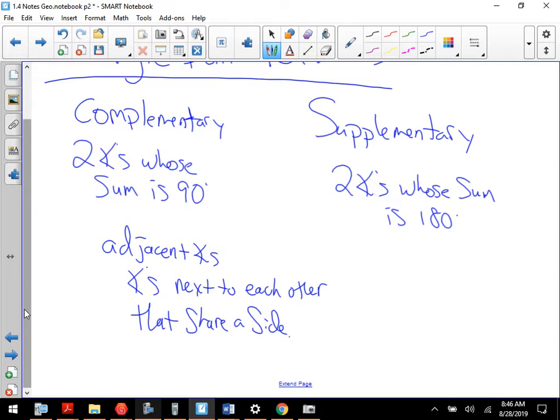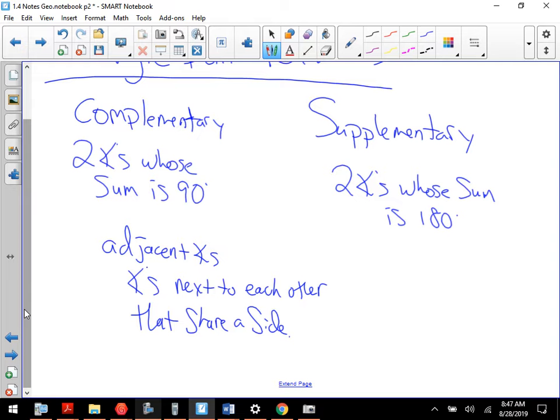What's 30 plus 60? 90. Those two angles are complementary, aren't they? They're just not next to each other, and that's okay. That's completely fine. They don't have to be adjacent. You can have adjacent complementary or non-adjacent complementary. Remember, non-adjacent just means not next to. Adjacent means next to.